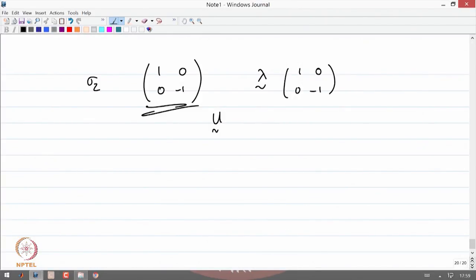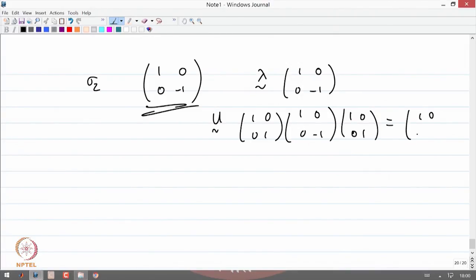Identity matrix, because this is already diagonal. Therefore you can only write 1 0 0 1 multiplied by 1 0 0 minus 1, its adjoint or whatever it is, orthogonal is still the same thing, and that gives you 1 0 0 minus 1, trivial, silly to write this. Okay. Since the matrix is already diagonal, its eigenvector is just the identity matrix.